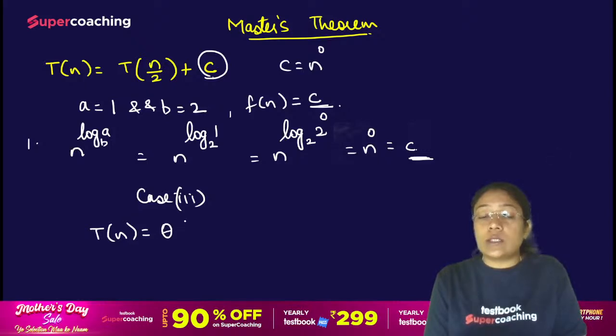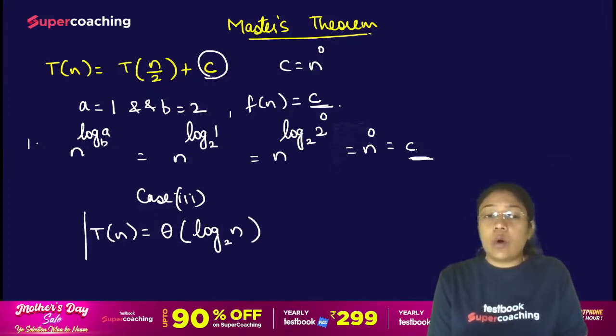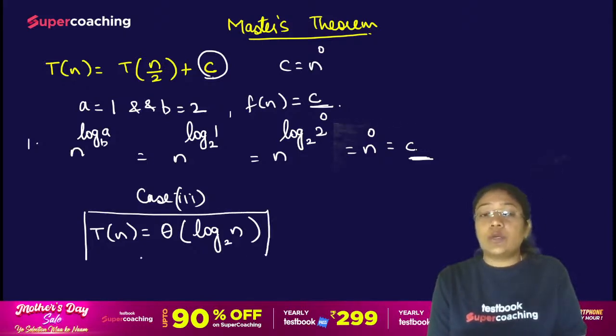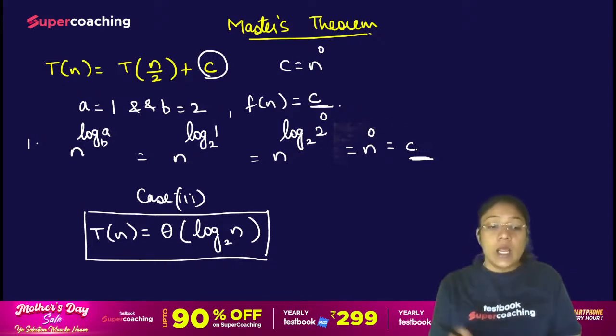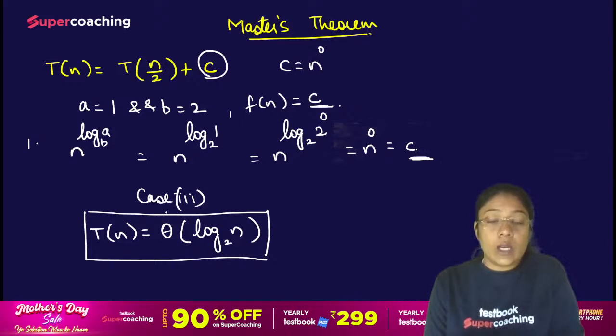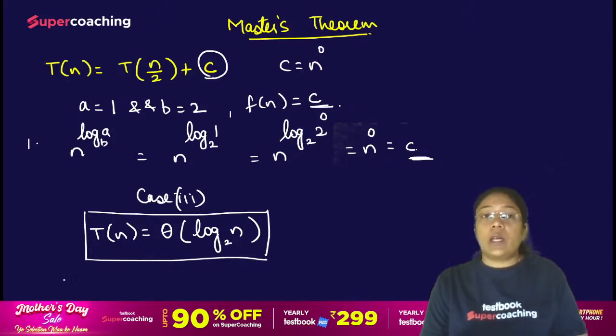That is constant. And constant can be ignored. In order to break the tie, we have to take log n. And this is what we have got by using the substitution method. जो मैंने third question लिया था, that was the same recurrence relation and we were getting the time complexity as log n. So this is how you can use this master's theorem in order to get the quick results.